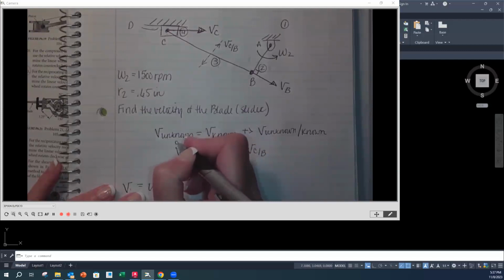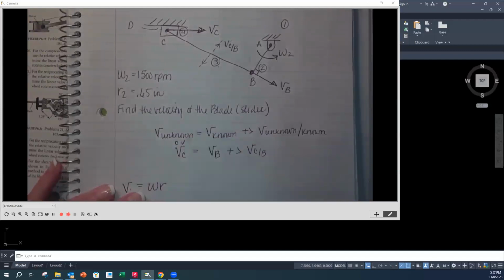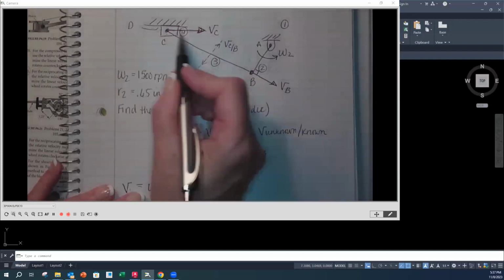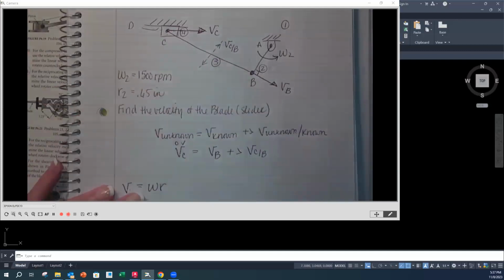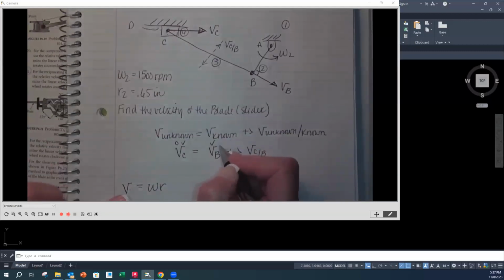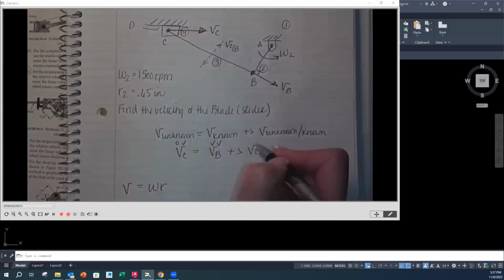We don't know the magnitude of C, but we do know the direction of C. It's going to be along that straight line, going to the right, based on this rotation direction at this moment in time. Velocity of B, we're going to calculate its magnitude based on that equation down there, and we know its direction. For the velocity of C relative to B, we don't know its magnitude, but we do know its line of action, or its direction, as well.